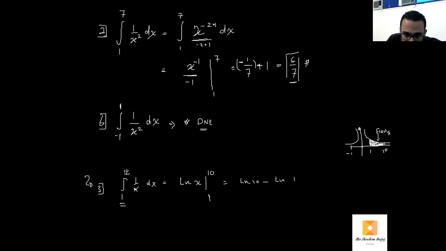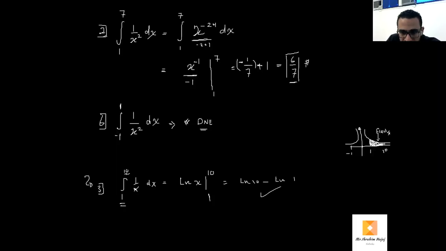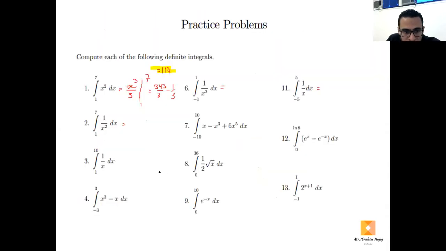So the fundamental theorem of calculus, or the definite integral, doesn't work here. It works with improper integrals, Calculus 2. Okay. The answer is 2.3. ln 10 minus ln 1 is 2.3. Okay, this is for question 3.